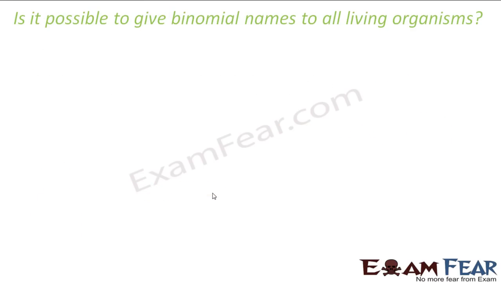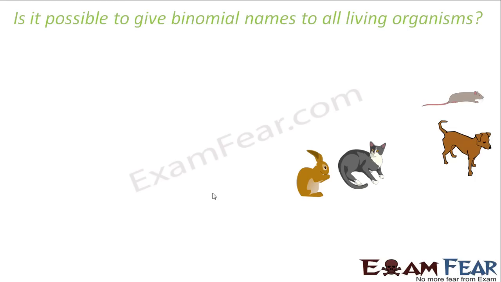So now the question is, is it possible to give binomial names to all living organisms? I already told you, right, that there is a huge variety of organisms which live on this earth. So can we give binomial name to each and every organism? In order to give that binomial name, I need to study each and every organism. So is that possible?